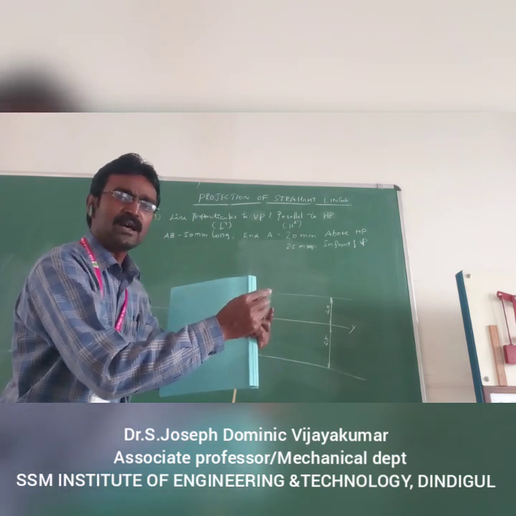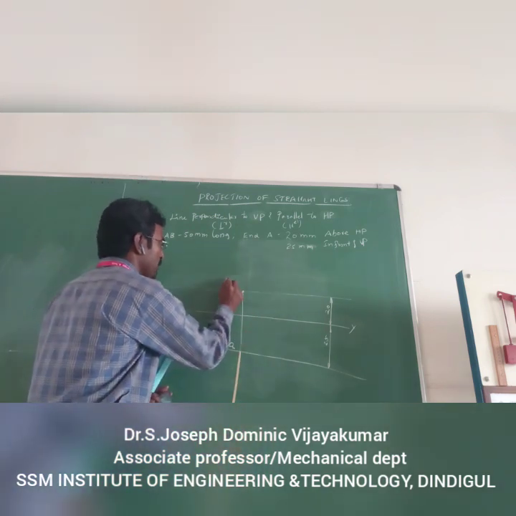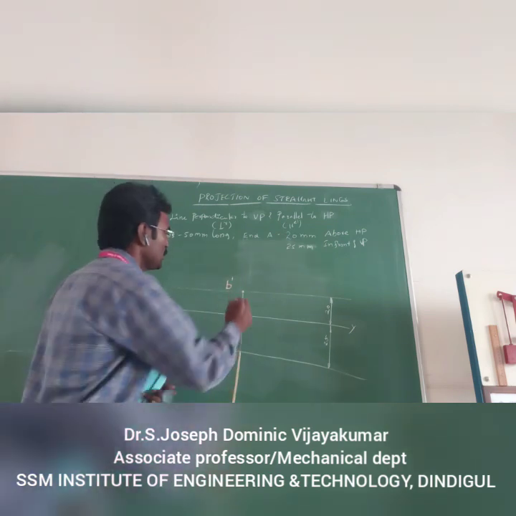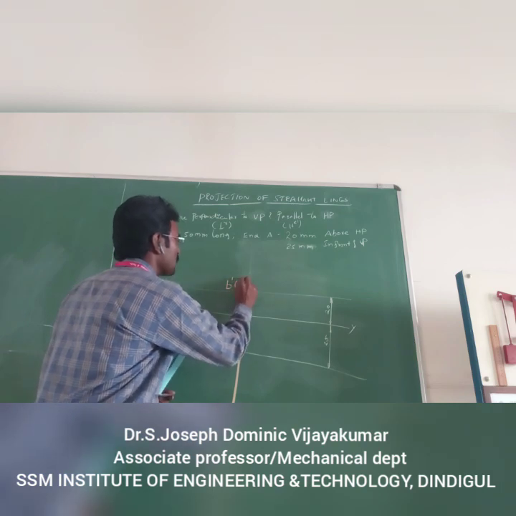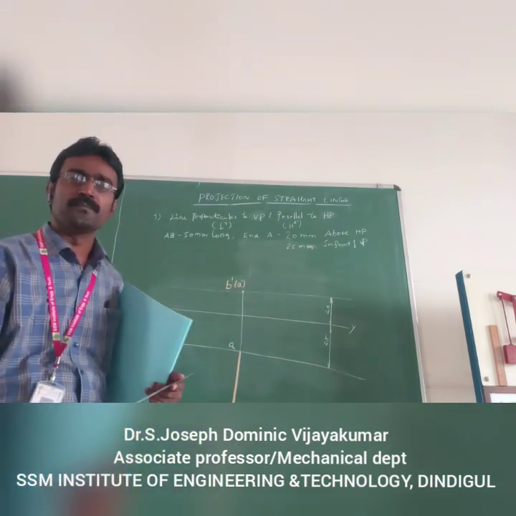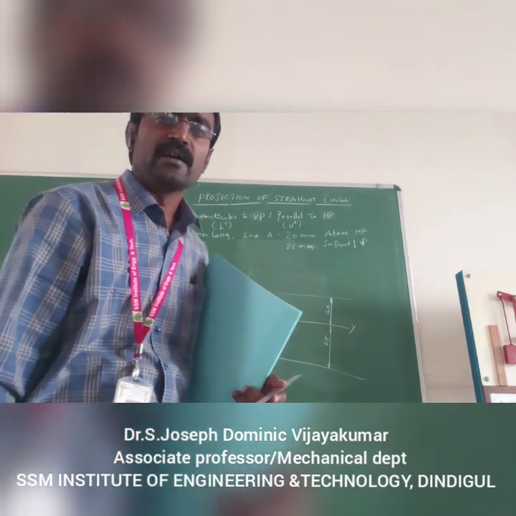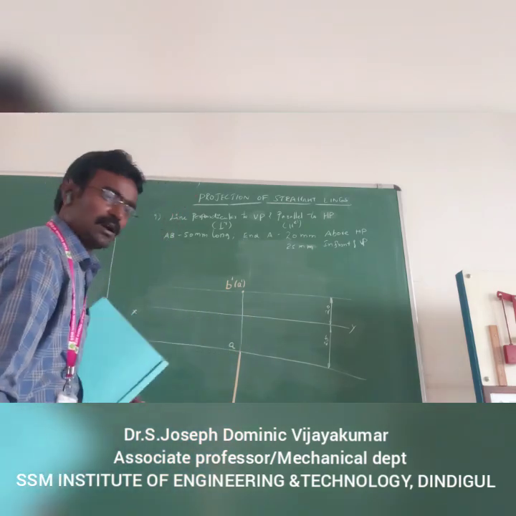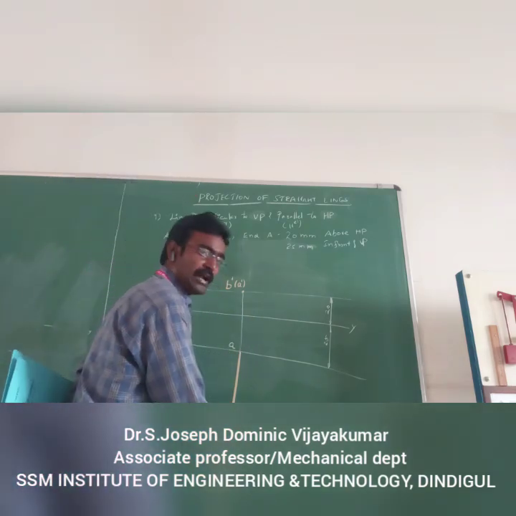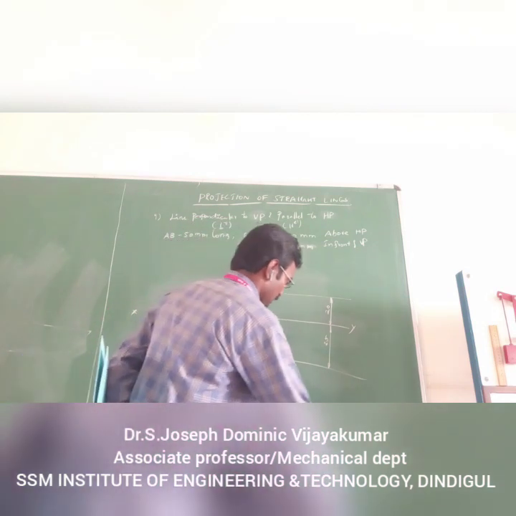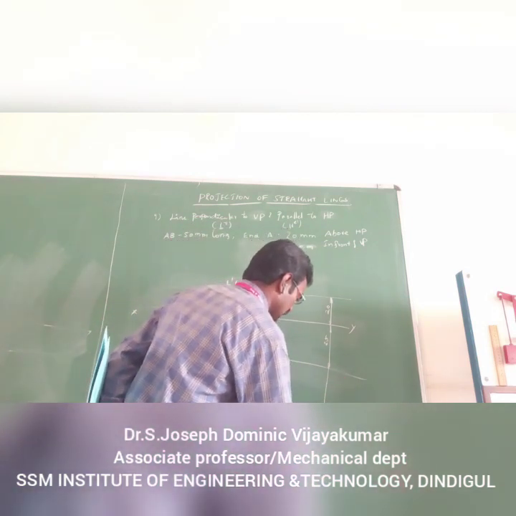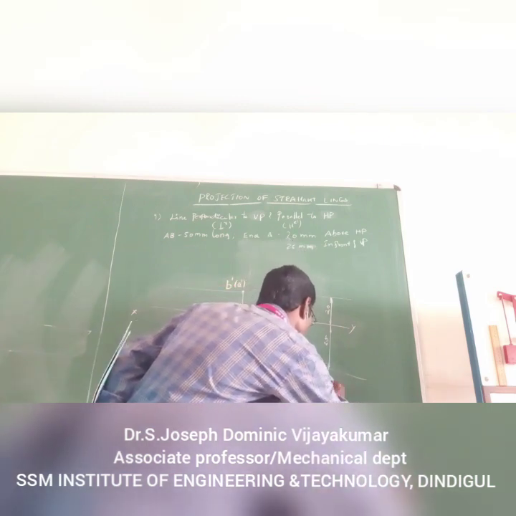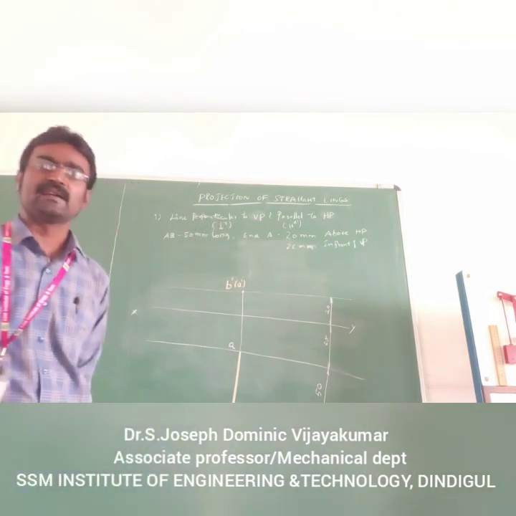Only point B is visible, so in the front view we use B dash. A dash point is invisible. This is category 2. In addition to that, we draw the true length line, 50 mm. That's all in category 2.